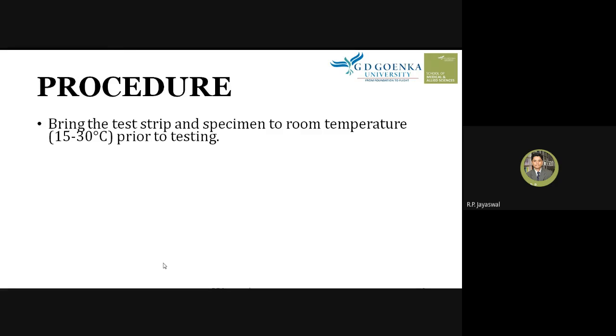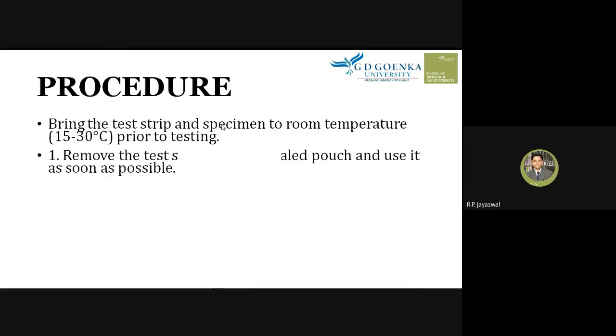First of all, you have to bring the test strip and the specimen to room temperature prior to testing. Room temperature is considered 15 to 30 degrees Celsius, or 25 plus or minus 5. You need to ensure that the serum or urine sample, the test strip, and the reagent are all brought to room temperature.